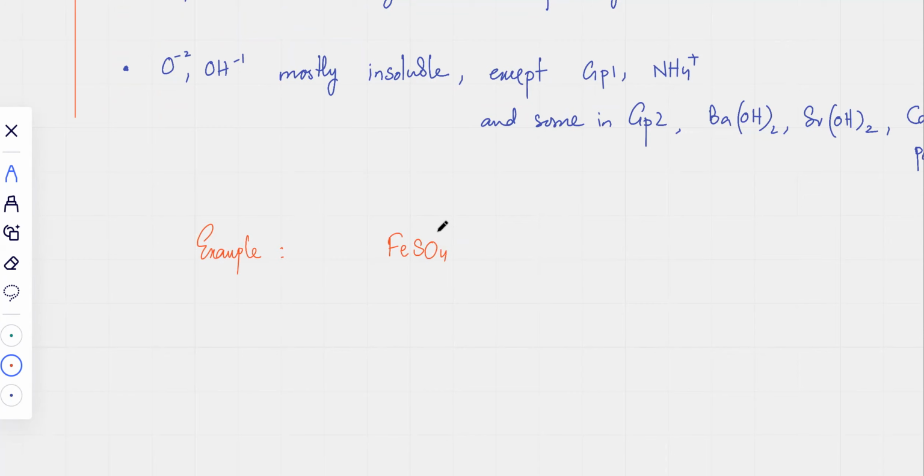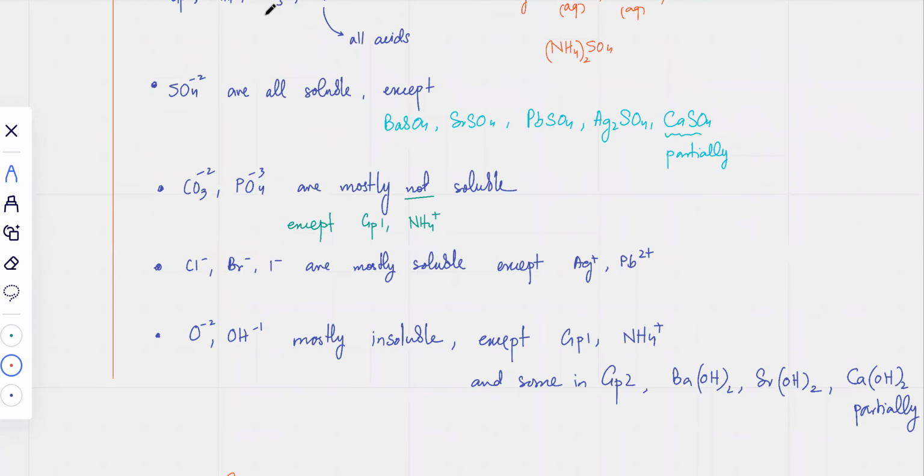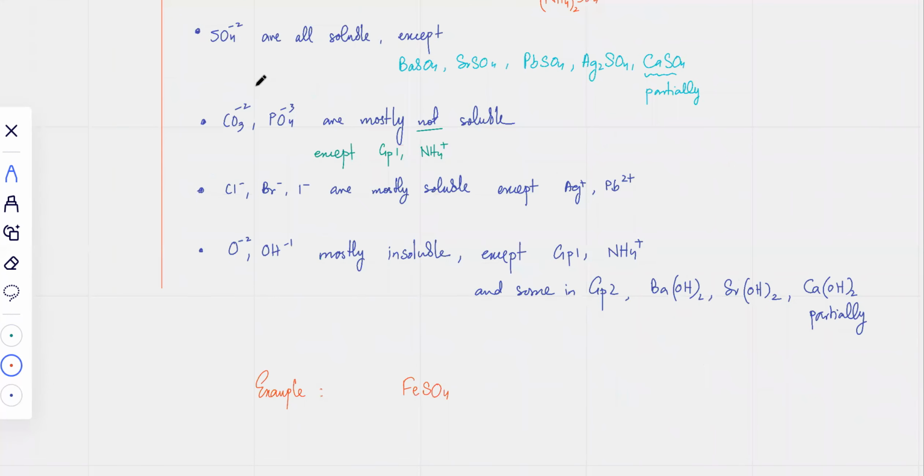Remember, we wrote something about SO4. What did we write about SO4? Like over here, we wrote, okay, they're all soluble, except for these ones. So FeSO4 is going to be soluble because it's not an exception. So that means FeSO4 is going to have an aqueous state. It would be in the form of a solution. Its ions would be dissociated in solution. It would be all scattered in solution. Okay? Is this point clear, everyone?